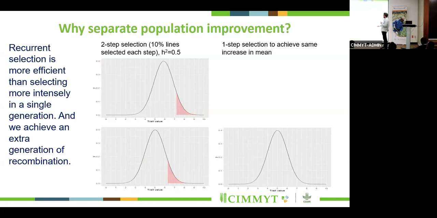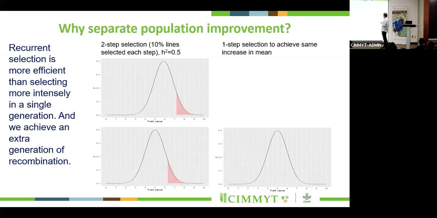So our aim is to shift the mean of this population to the right. If we do it in 2 steps, we select 10% here. We grow a new population that's got a mean up to, I can't remember what it was now, 5 point something. And then we select again, the top 10%, and then we say, given this heritability, what's the mean that we've achieved in this 2-step process?